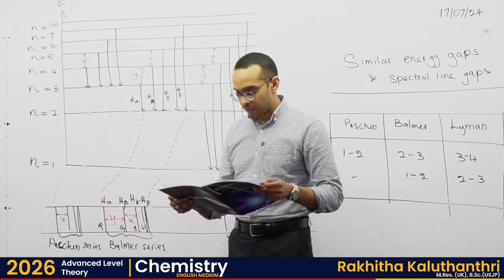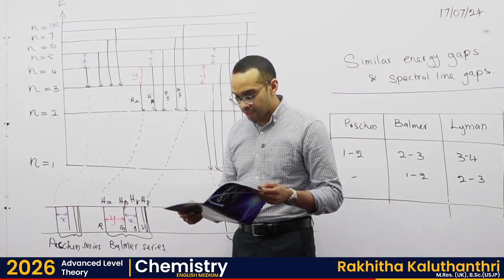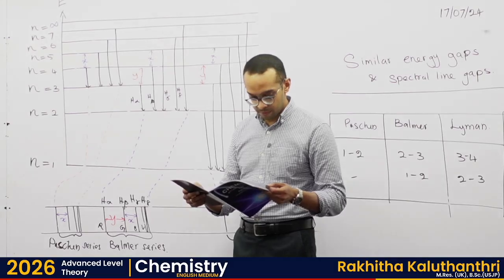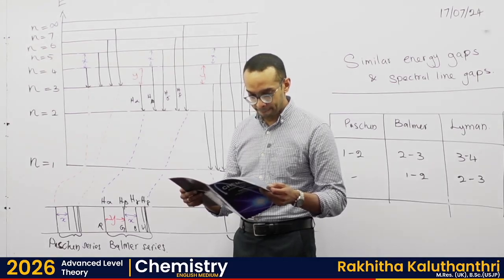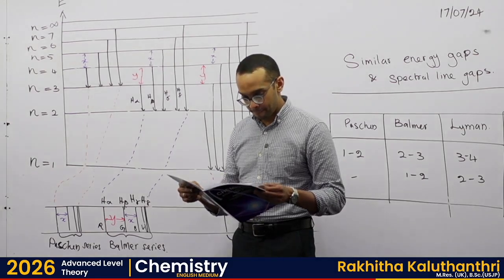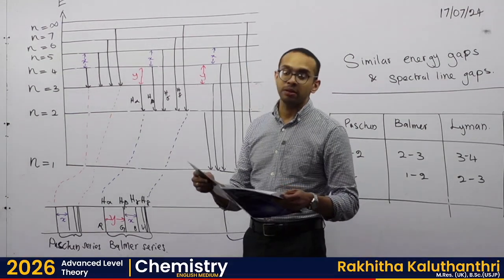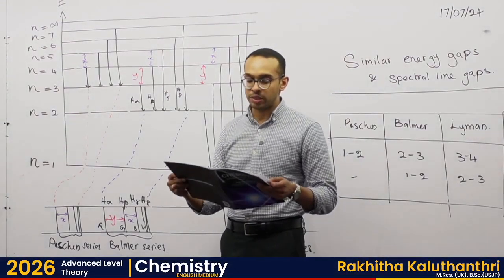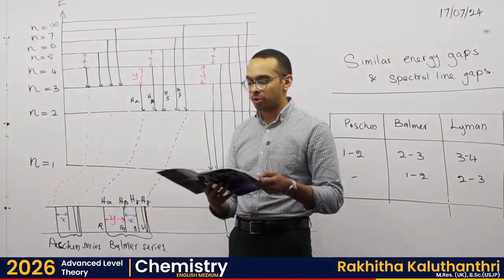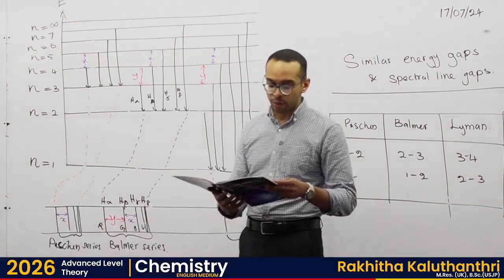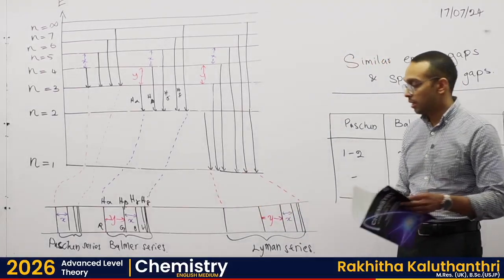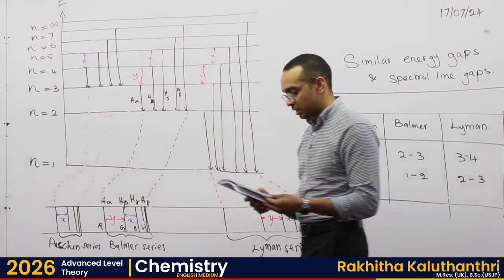Turn to page number 35, the 6th question. Oh, sorry. We'll start with the 7th question. The 6th question is directly about this part only, but I want to see how you answer the 7th question as well. So attempt the 7th question first, and then we'll move on to the 6th.